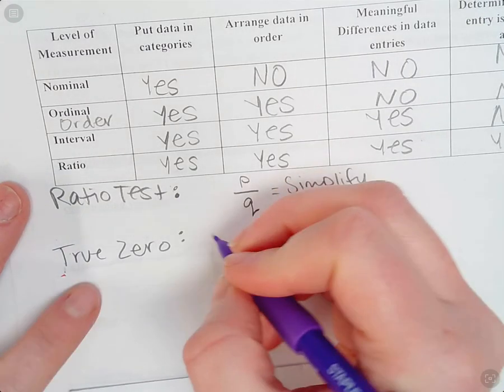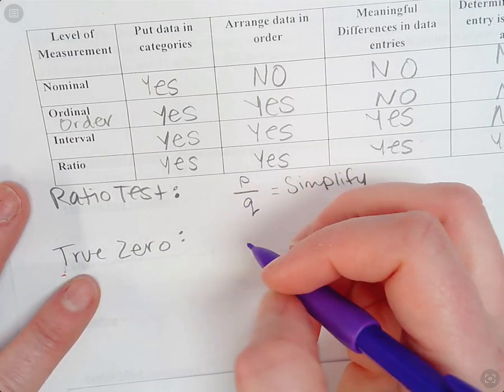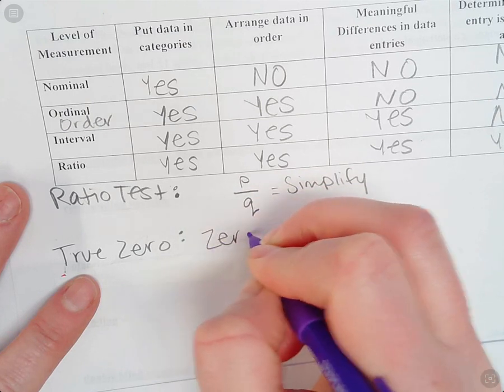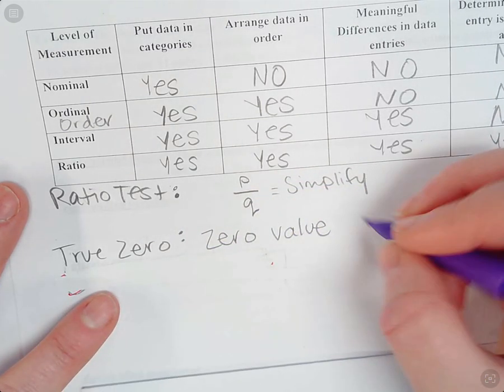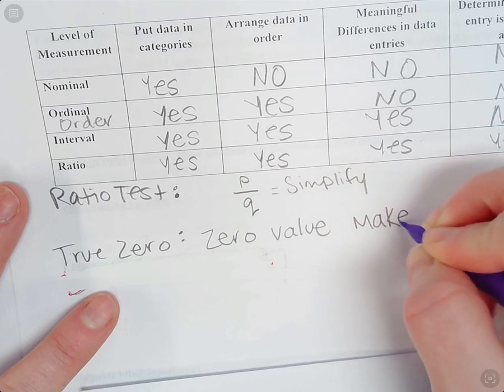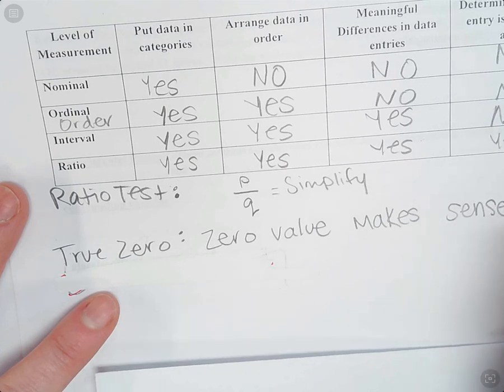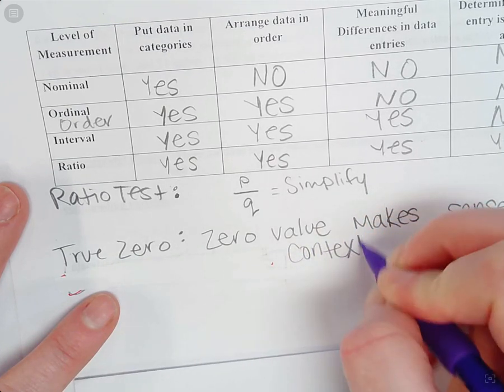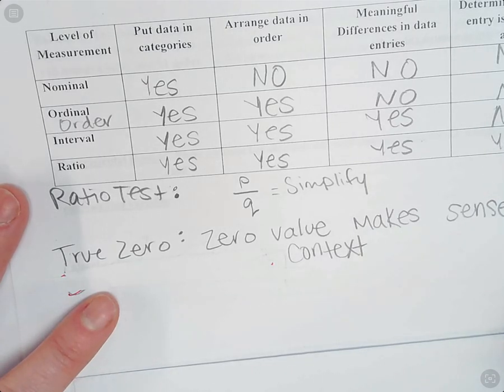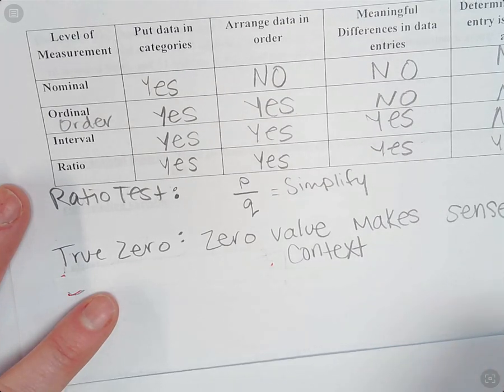So we want to make sure that a zero value makes sense in the context. So for the zero value to make sense, zero indicates that none of the quantity is present.